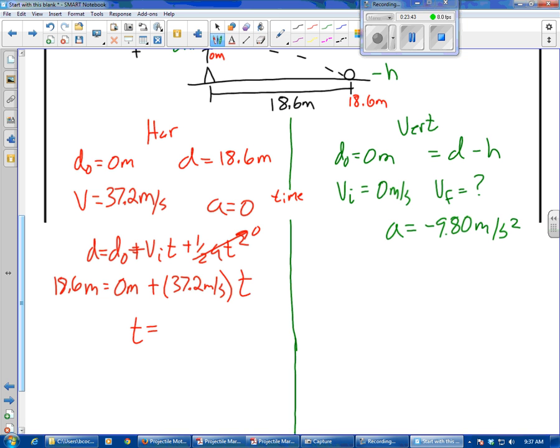And I do that, 18.6 divided by 37.2. Oh, I got lucky. 0.5 seconds for me. Nice. So that is my time. That is for both, so 0.5 seconds.